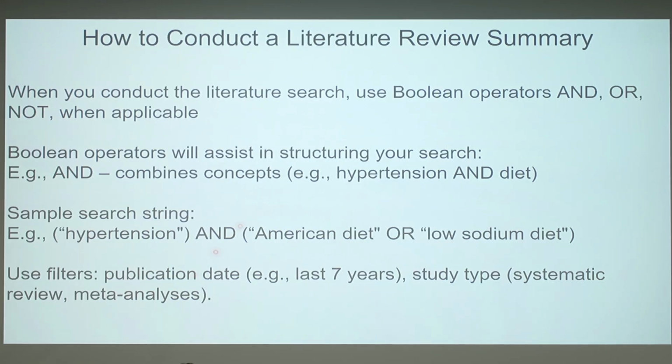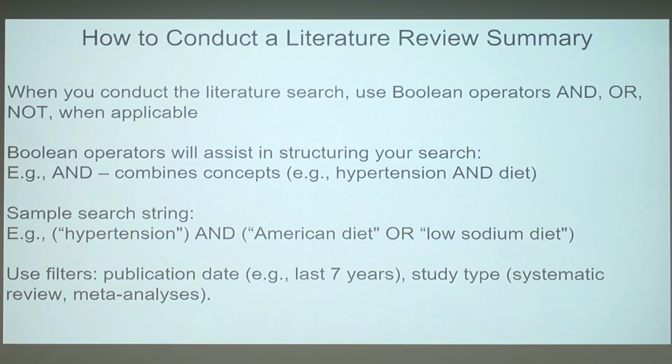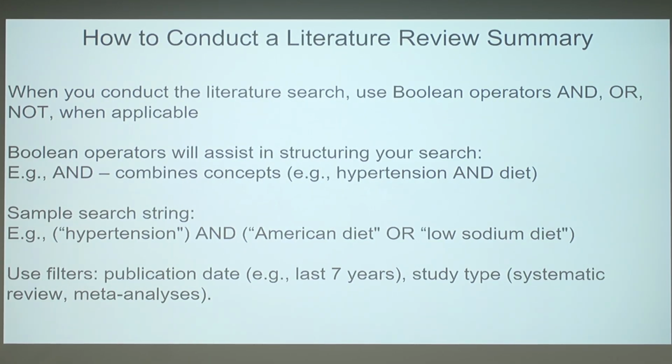And so I mentioned the Boolean operators and, or, not. Use those when needed. You can combine terms and string terms together to help you tease out and pare down the list of exactly what you're trying to find, and that will help you find a list of articles that will be more manageable in terms of numbers, because sometimes you can do a search, and if you're not specific enough, you can come up with thousands of articles, but of course you don't have time to look through those.